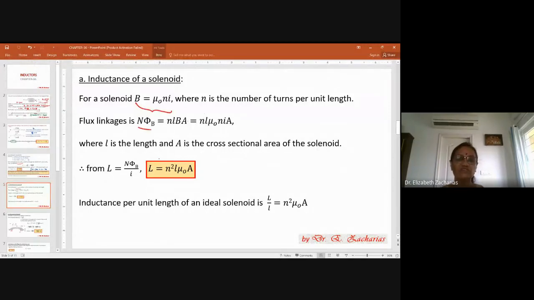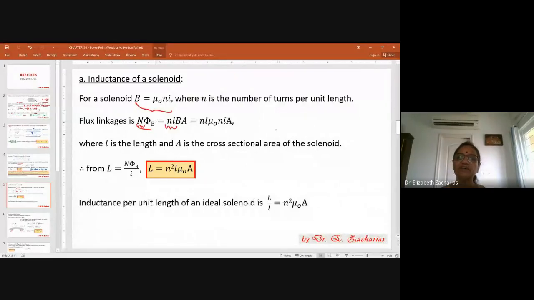So now what will be flux linkages? Flux linkages will be N phi B, which is N into L. Small n into L is equal to capital N. Then of course, it has got a uniform current, a uniform magnetic field.